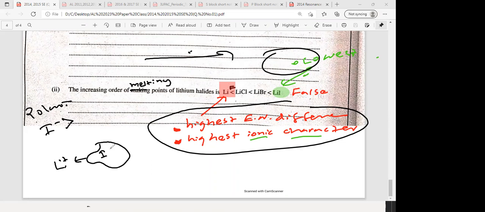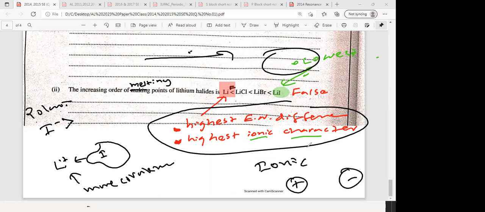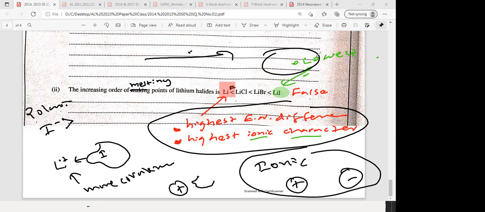Therefore polarizability is highest for I minus. Therefore, when there's polarizability, there is more covalent character, and when covalent character increases, electronegativity and melting point decrease. More covalent character with the anion of highest polarizability, because in an ionic compound they are just ionic spheres, plus and minus, like this. But if it is covalent, what happens? The positively charged cation will attract the anion electron cloud.